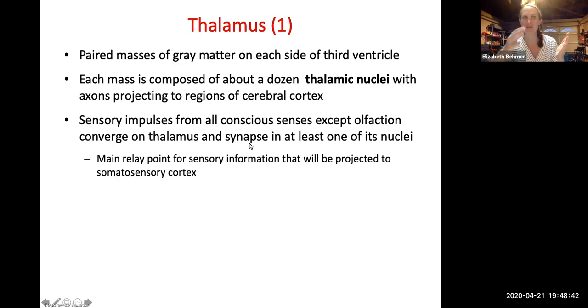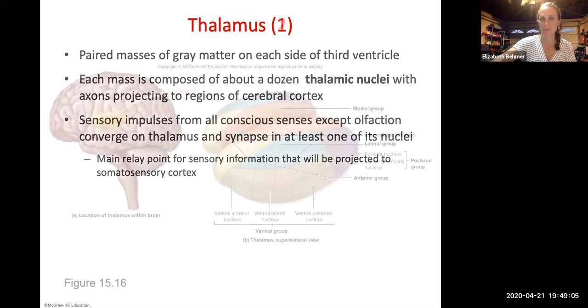That means they go onto another nerve in at least one of its nuclei. So basically the thalamus acts as a filter for all sensory information, and then it tells what sensory information should continue on to that somatosensory cortex in your parietal lobe. So thalamus is the answer to 14 in your notes.